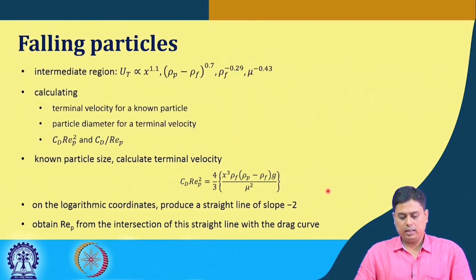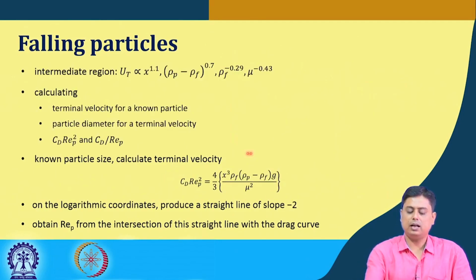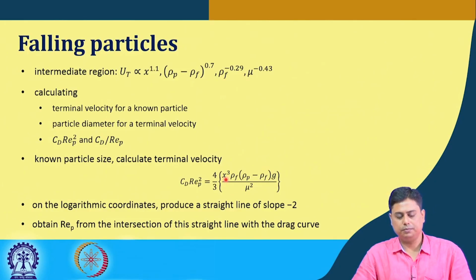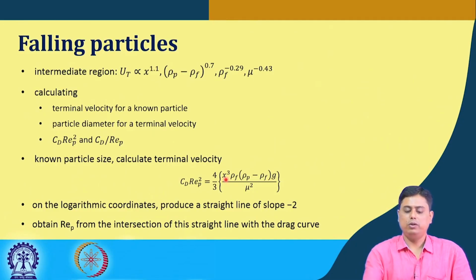Another thing is that these are constant values for a given particle and fluid system. This particular parameter, a dimensionless quantity, is called the Archimedes number. So we have introduced another non-dimensional number like the Reynolds number, which is the Archimedes number in this case.